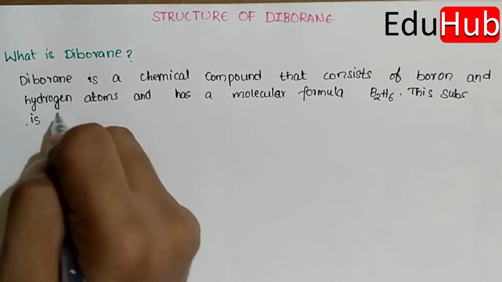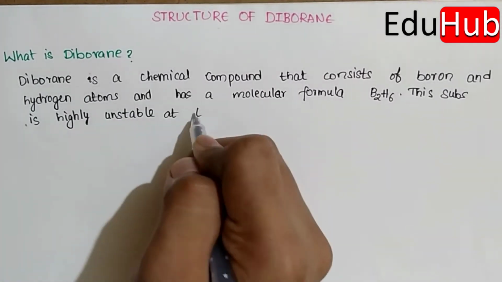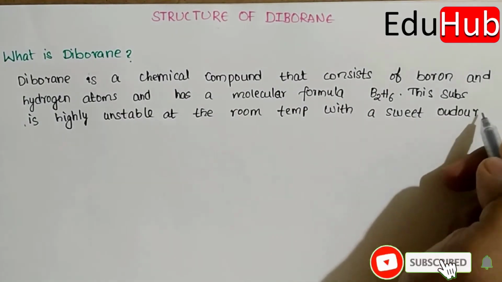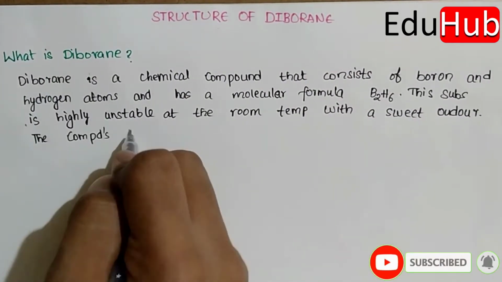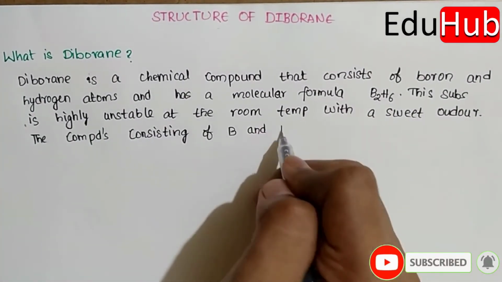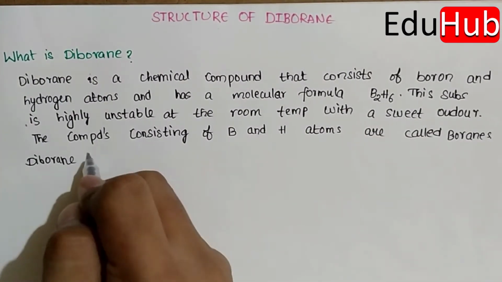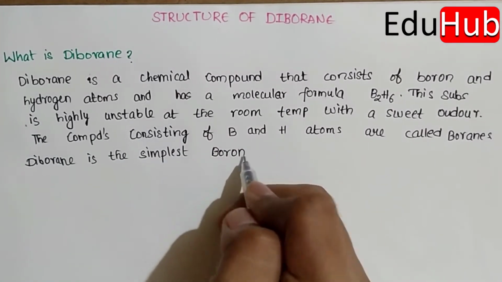This substance is highly unstable at room temperature with a sweet odor. The compounds consisting of boron and hydrogen atoms are called boranes. Diborane is one of the simplest boron hydrides.